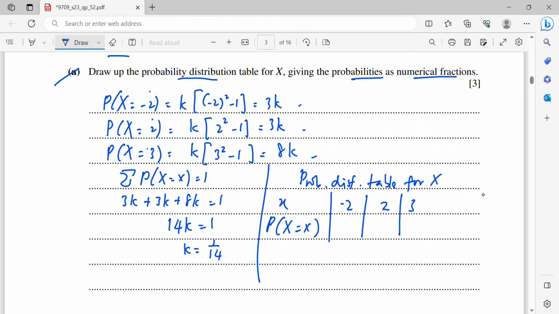Then the corresponding probabilities will be 3k. I will replace k by 1 over 14, so you will be getting 3 over 14 for the first probability. The second probability is also 3k, so it will be the same value. And then the last probability will be 8k, which is 8 over 14. So this is the requested probability distribution table for X.